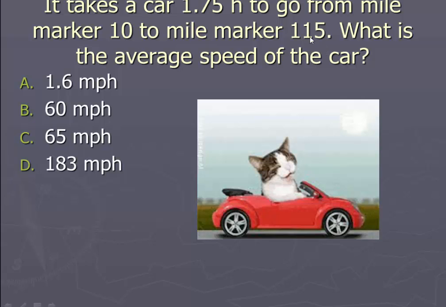So if you go 115 minus 10, that gives you 105. So we have speed, we have 105 miles. We need to know the time. In this case, we're given that it's 1.75 hours. So you can run your math, and you get your answer as being B, 60 miles per hour.